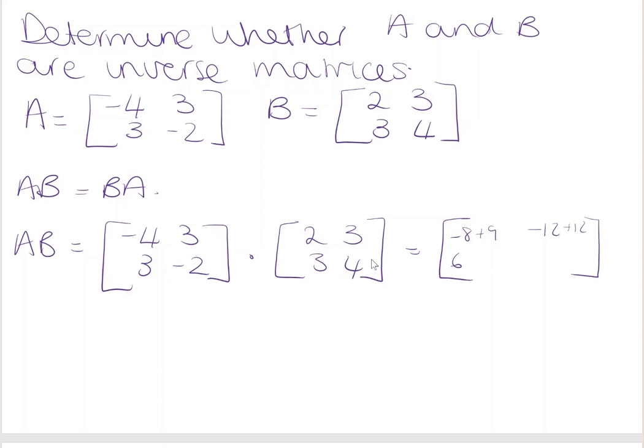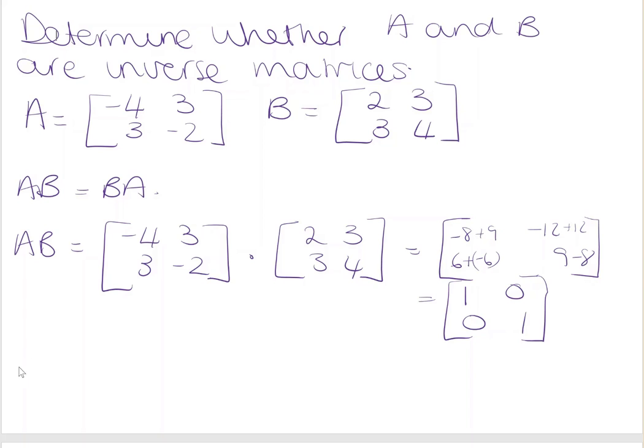And minus 2 times 3 is minus 6. Then 3 times 3 is 9. And minus 2 times 4 is 8, so that's going to be minus 8. So this is going to be 1, 0, 0, 1.